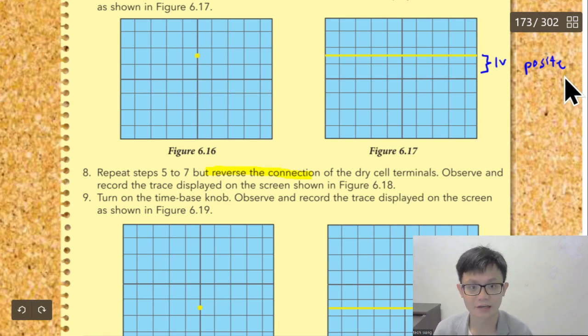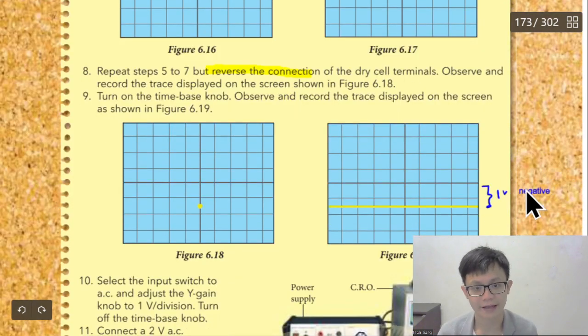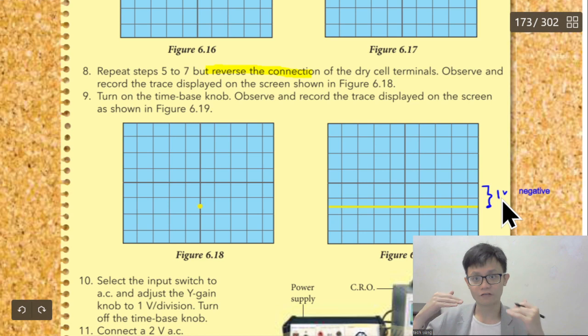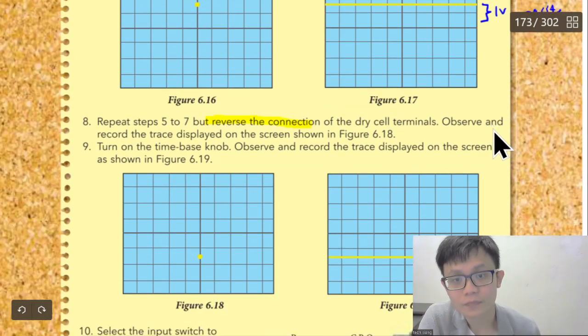For example, here from the positive to negative, and here the electric has been reversed. The direction of the current has been changed. So to use simpler words, the magnitude for this diagram too is the same.